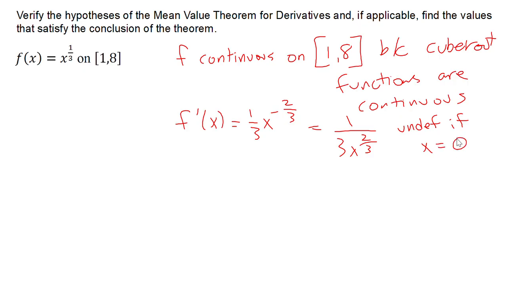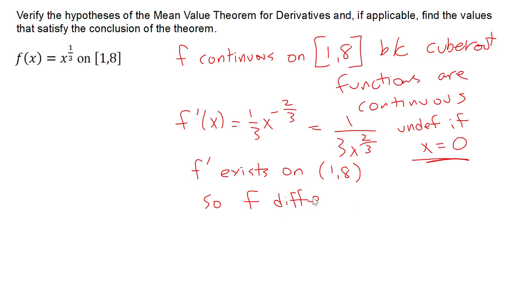So this function is not differentiable for all numbers, but it is differentiable on the interval from 1 to 8 because 0 doesn't occur on the interval from 1 to 8. So we will say that f prime exists on 1 to 8, the only discontinuity of the derivative being at x equals 0. So f is differentiable on 1 to 8.